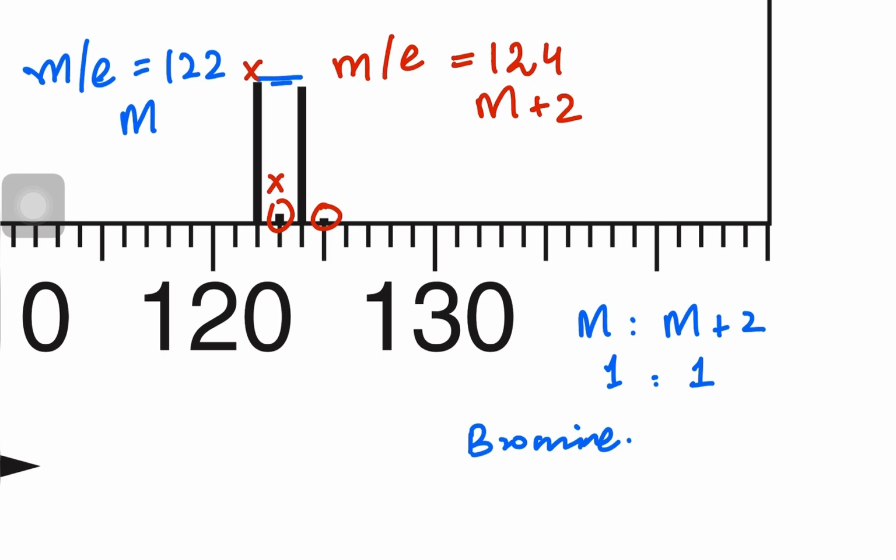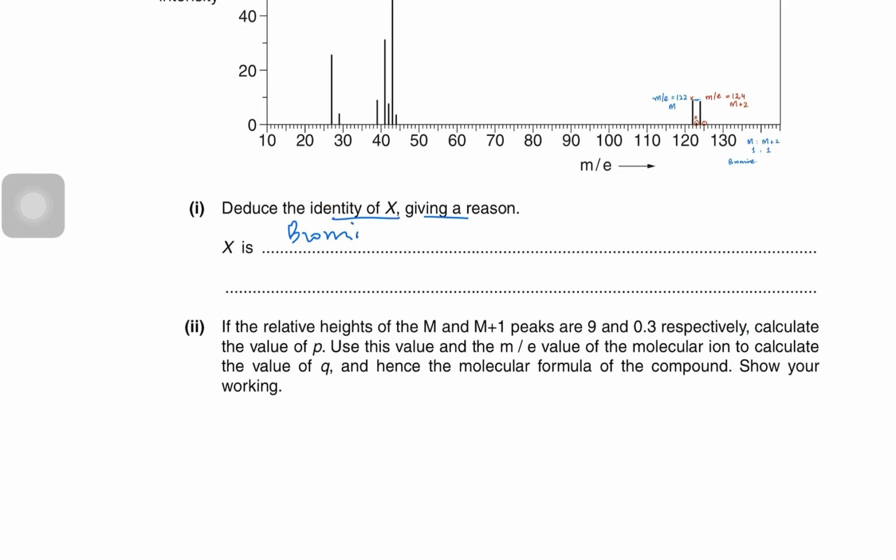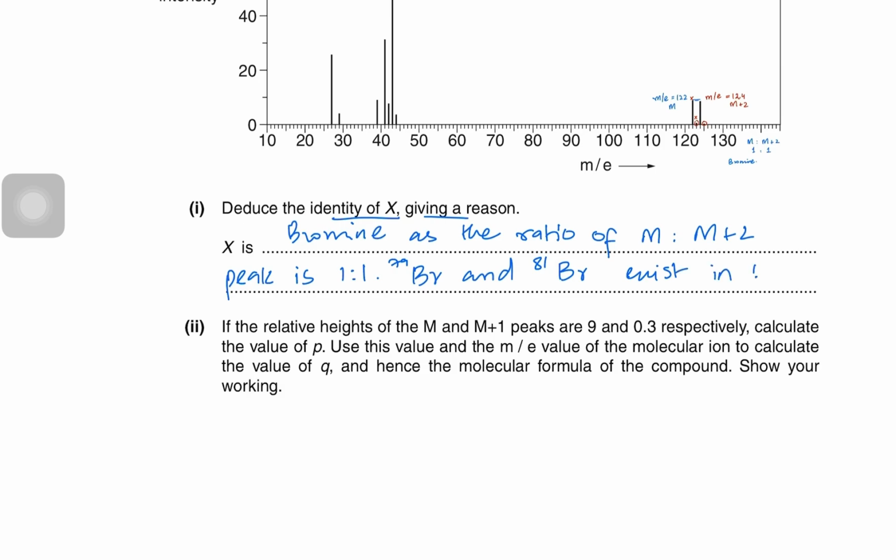So 122 and 123 are also carbon 13 peaks. Our answer is going to be that bromine is the X, as the ratio of M and M+2 peak is 1:1. We follow our answer by saying that bromine 79 and bromine 81 exist in a 1:1 ratio.